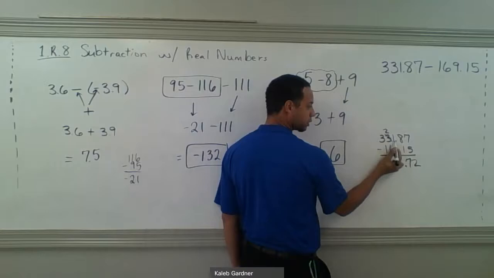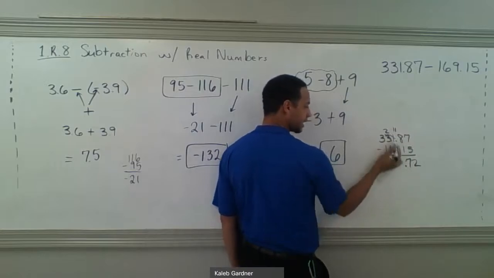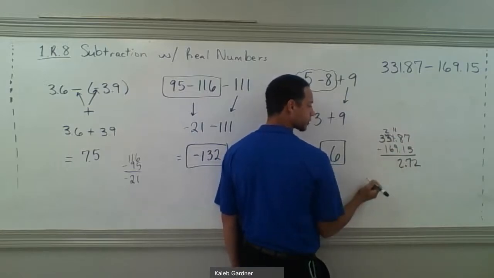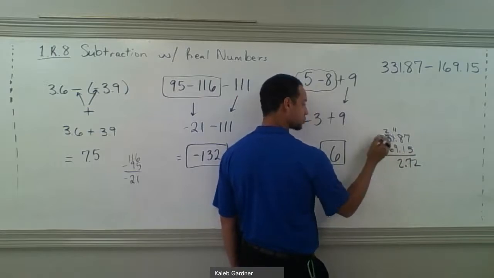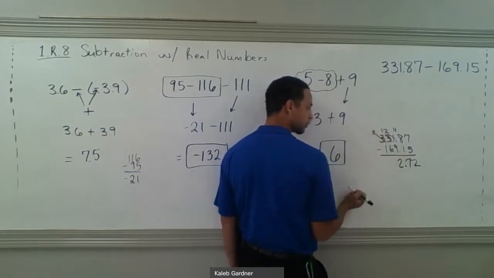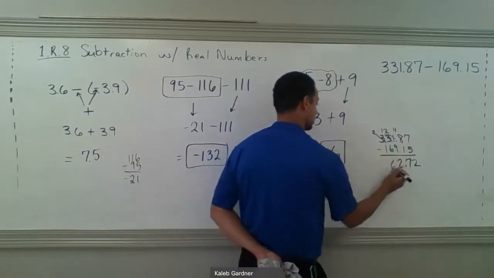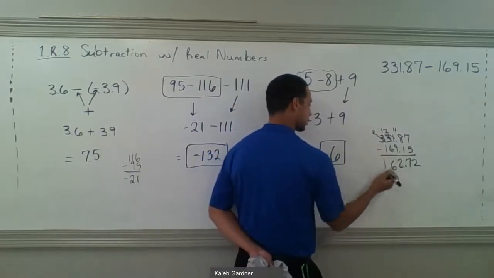The 1 now becomes 11. 11 minus 9 is 2. 2 minus 6, again, we can't do, so we borrow from the 3. And the 2 over here becomes a 12. 12 minus 6 is 6. And finally, 2 minus 1 is 1.